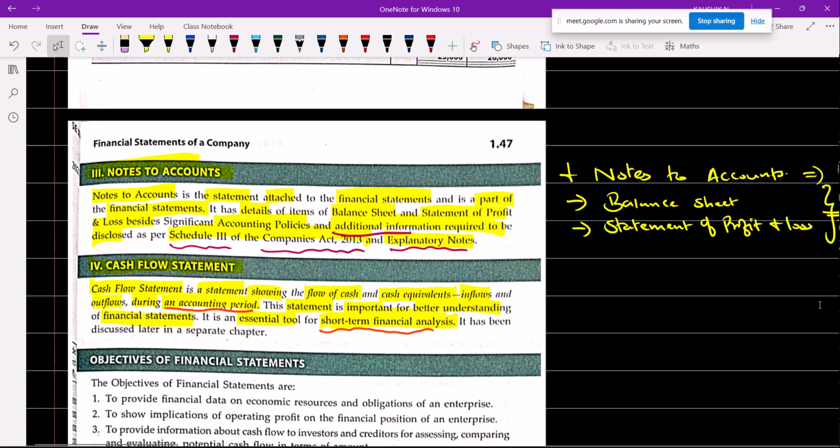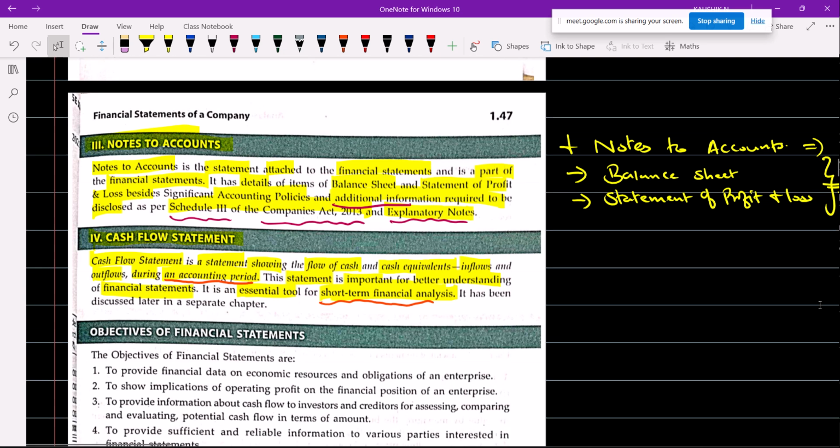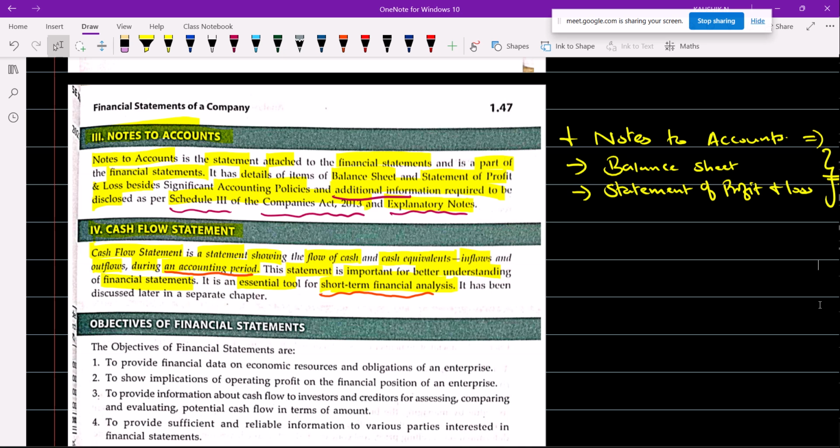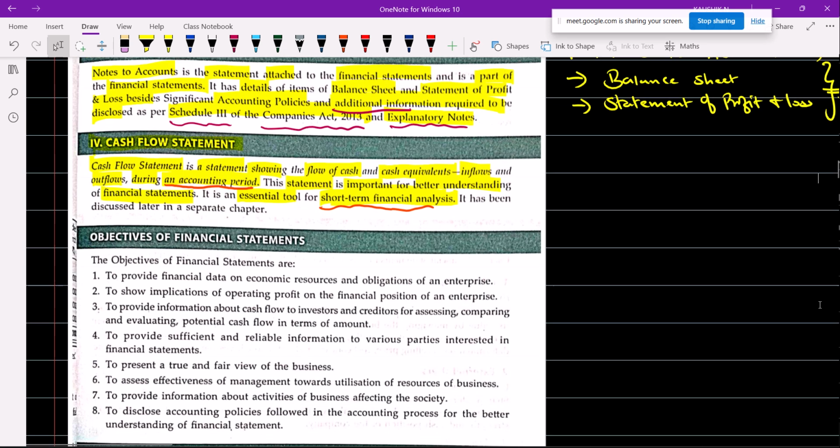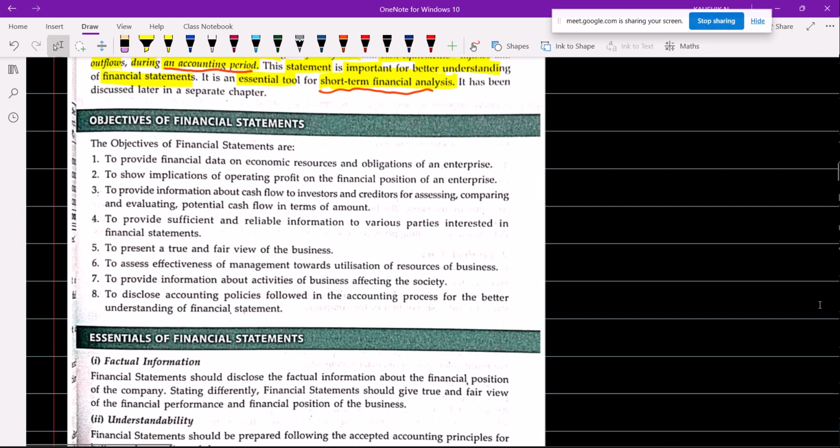Right. Now let us understand the objectives of financial statements, then its users and limitations, and then we'll move on to the concept of major head and subhead, and the operating cycle. The objectives of financial statements are a replica of what you learned in grade 11.